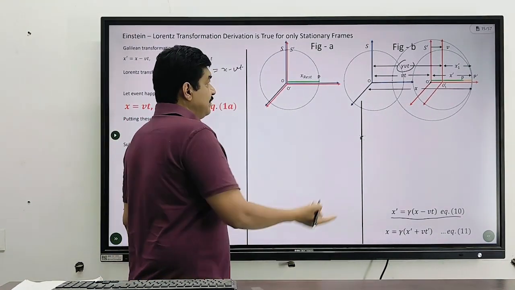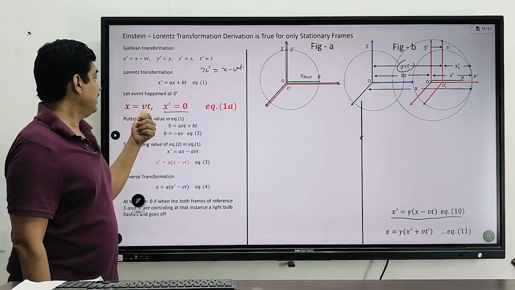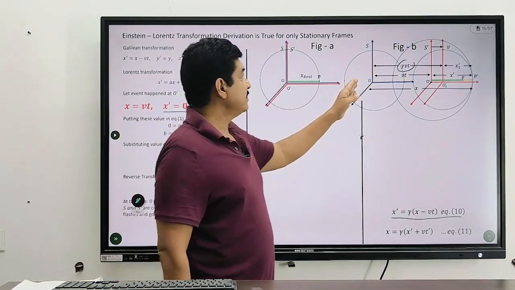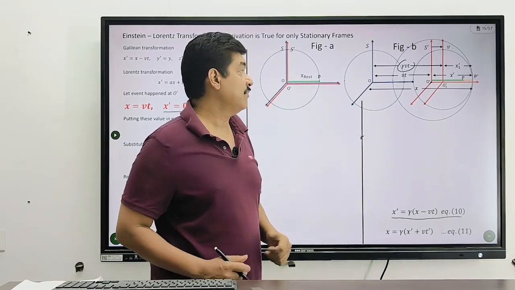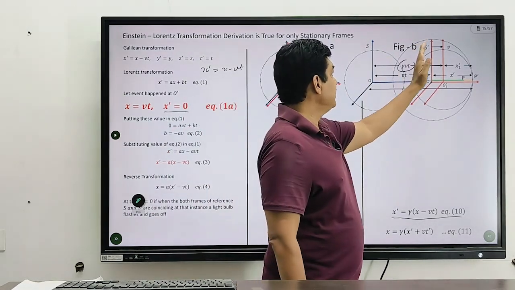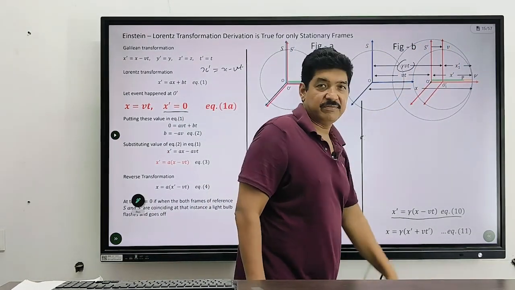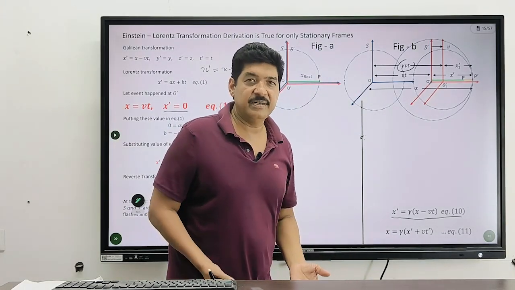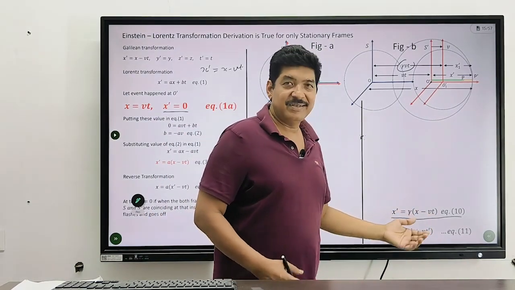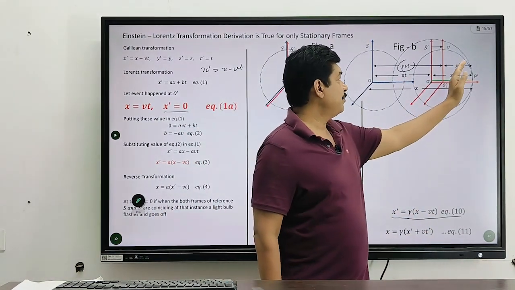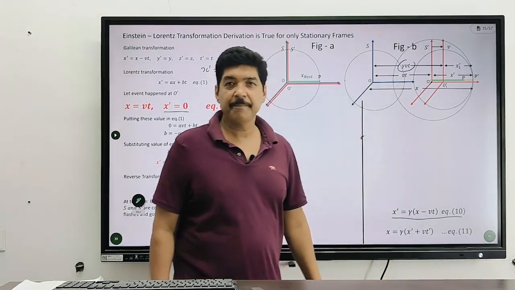But x is equal to vt, this value they have taken, and that is wrong. Why? Because this frame of reference is moving with velocity v, and we have seen earlier that if this equation is correct, then there is a transformation of point P to point P prime.